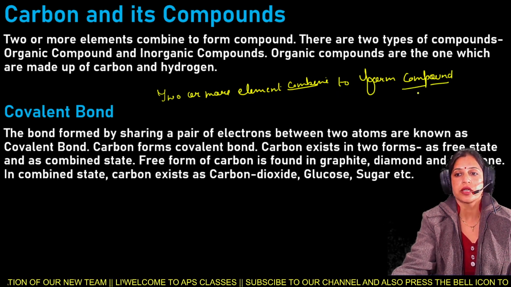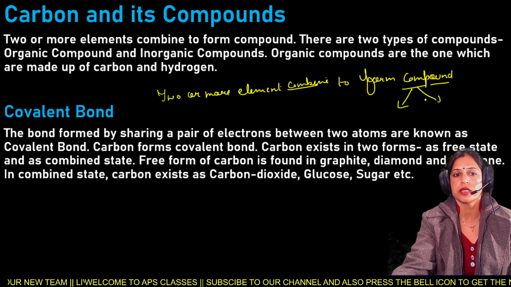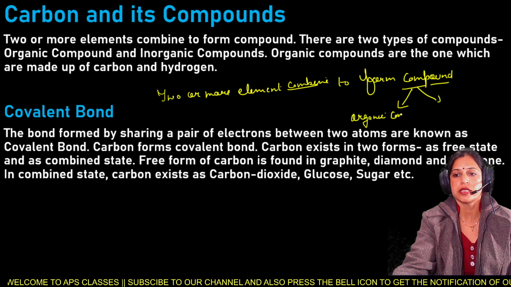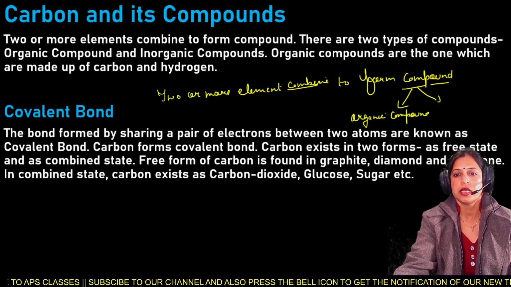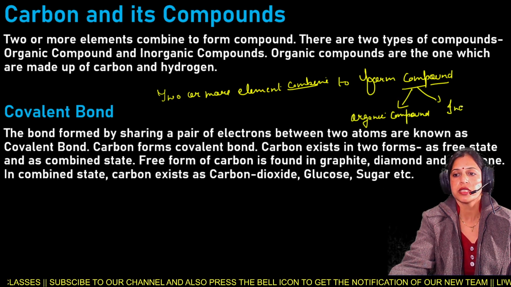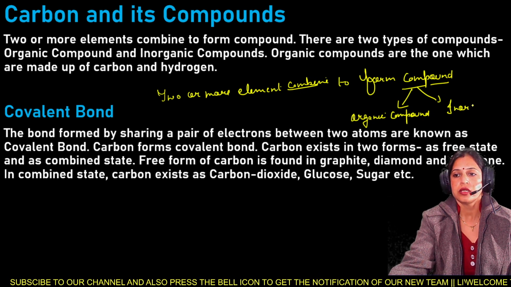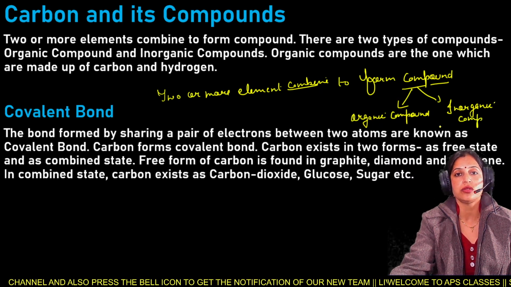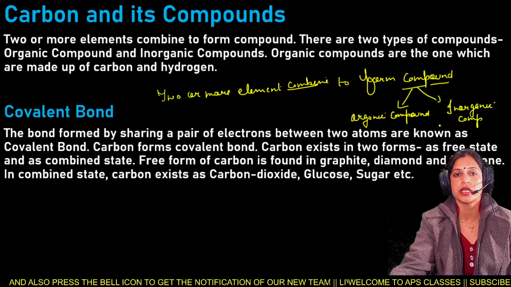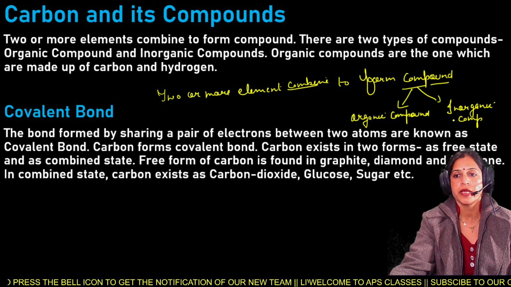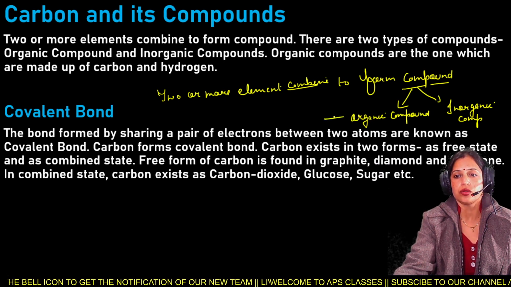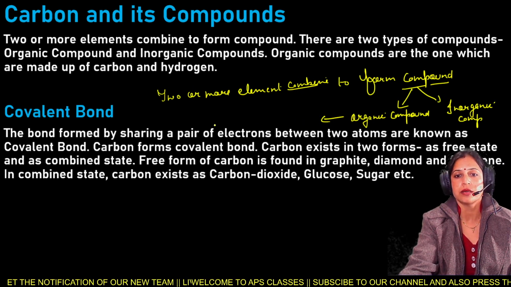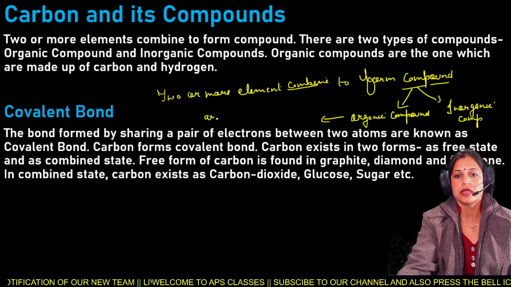There are two types of compounds: one is the organic compound and the second one is the inorganic compound. Organic compounds are those which are made up of carbon and hydrogen.